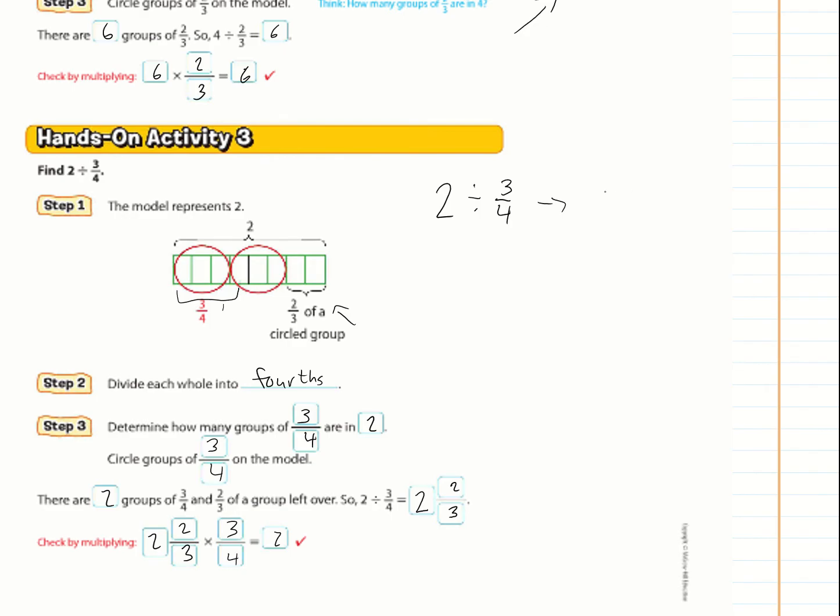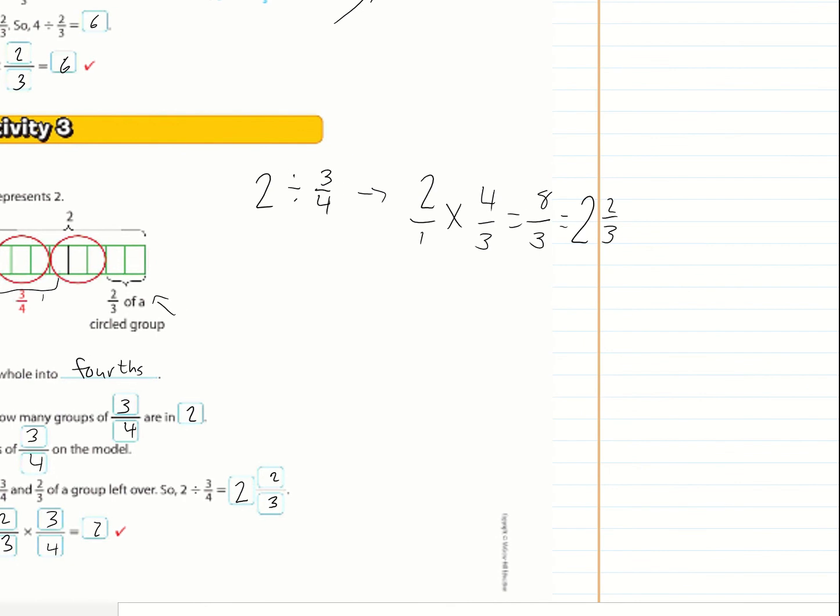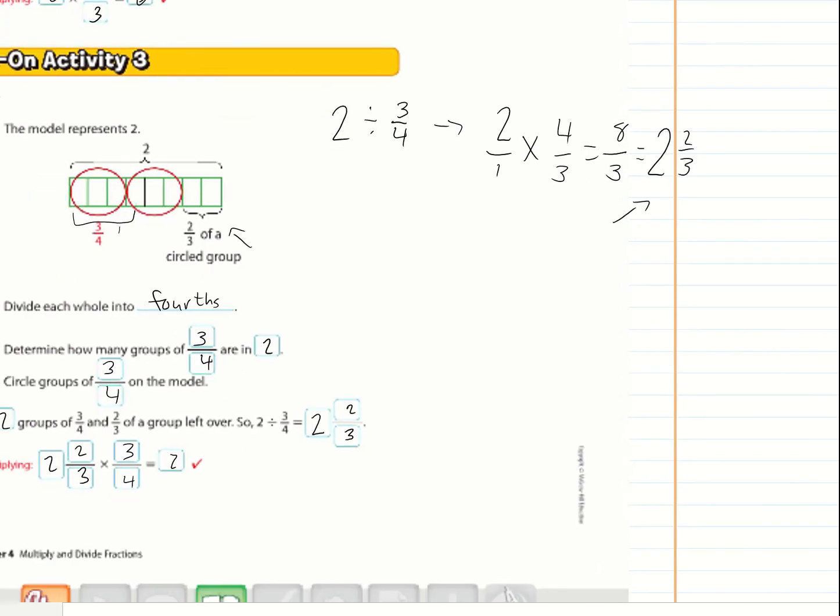So this stays the same. I'm just going to go ahead and add the over one. The division is now multiplication, and then we flip. And then 2 times 4 equals 8. 3 times 1 equals 3. So this equals 2 2/3. So we still get the same answer. I strongly recommend if the picture didn't make sense, then go ahead and use tomorrow's method.